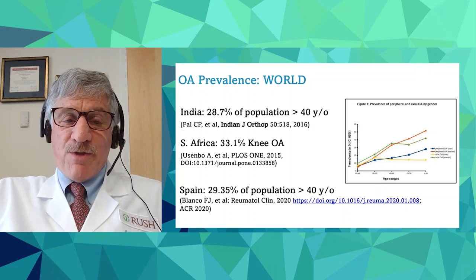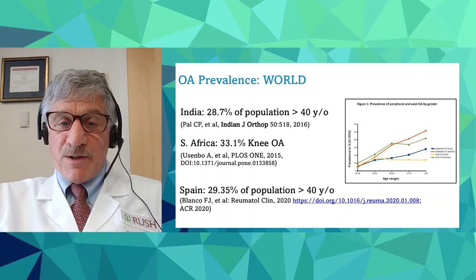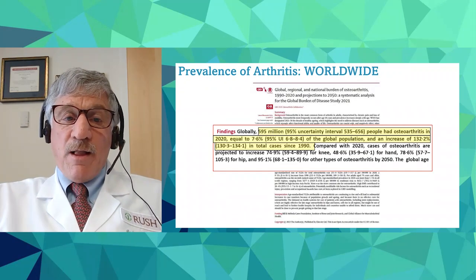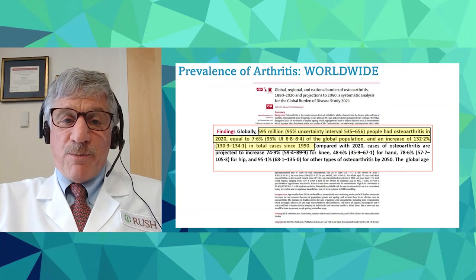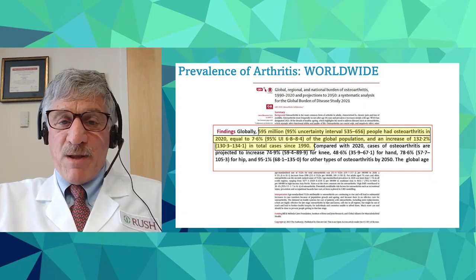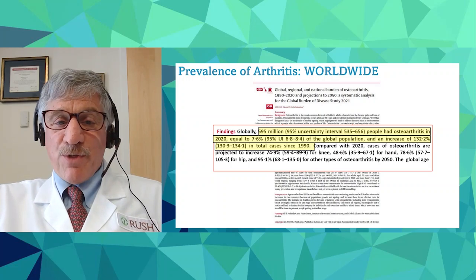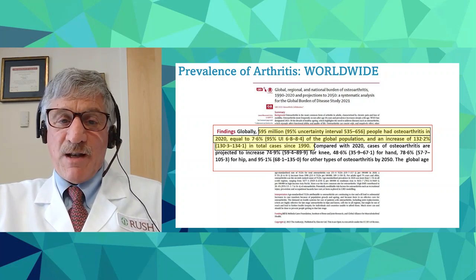About 30% of the adult population, wherever we've looked across the world, has clinically significant osteoarthritis. According to the World Health Organization, in their most recent global burden of disease, 595 million people worldwide had osteoarthritis in 2020, which was a 130% increase since 1990.